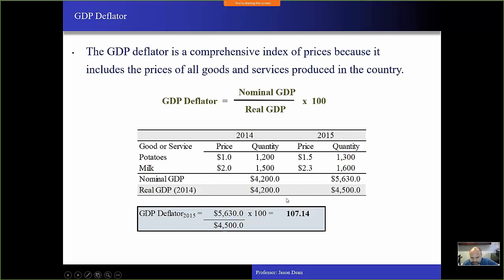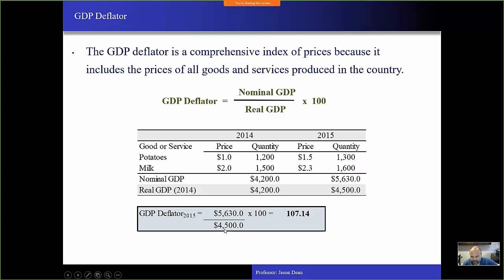So now the difference between these two numbers here is only because of difference in production and quantity, which is differences in economic activity. Okay? So that's real and nominal GDP. So if we take in 2015 the nominal GDP and divide it by the real GDP, well, this number is larger than this number only because of the differences in prices.